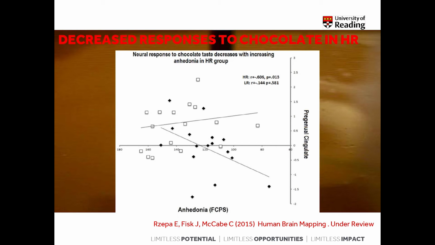So the more anhedonic they felt, the more depressed they felt, the lower brain activity they had in response to chocolate in the scanner. For us, this was a really nice study showing that you can start to link the biology, the risk factors, the biomarkers possibly, with the actual behavior or the symptoms of depression in these young people.